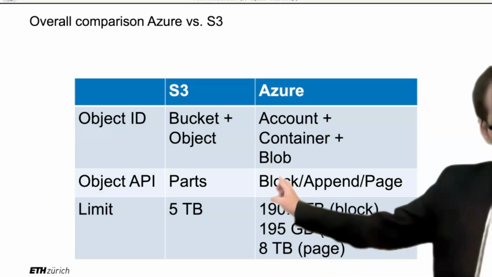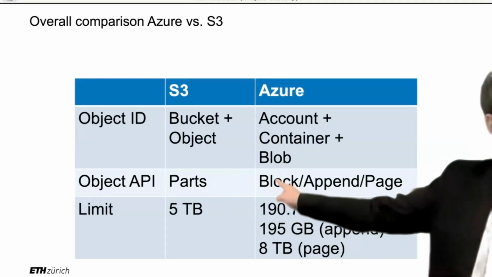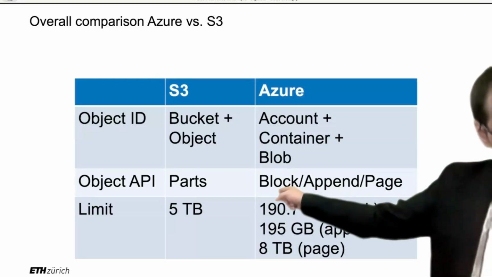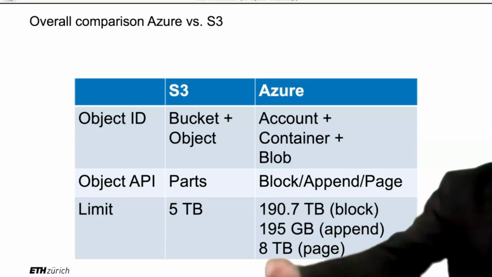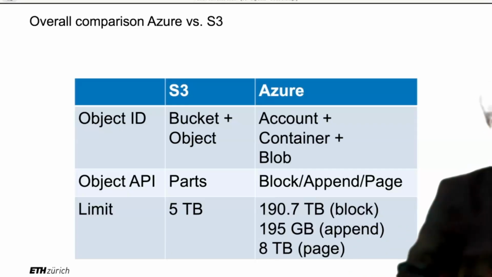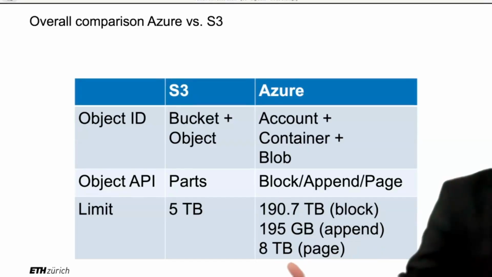These are objects, but what would be the parts here are made explicit in Azure. So all the objects that you store in Azure Blob Storage are explicitly cut into blocks. We'll see that this is what happens in Hadoop, and in HDFS, the blocks are also exposed to the user.